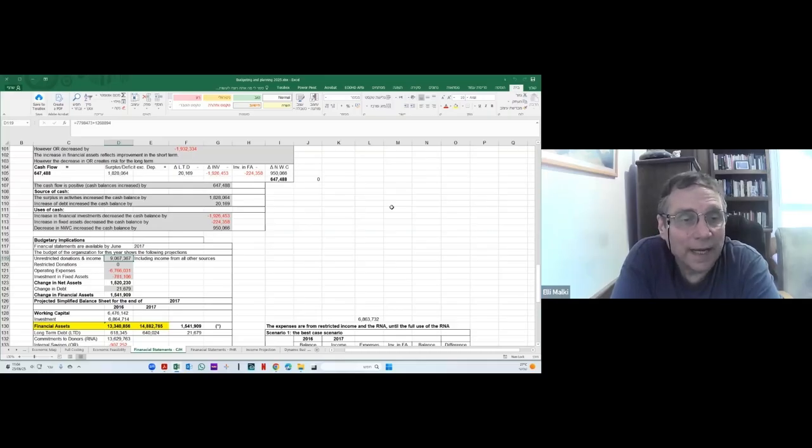Now, the next stage, we have our operating expenses. Here, the operating expenses include everything. They include expenses for program, general and management, overhead, everything. Because for the purpose of financial stability, it's not important if it was spent on program or overhead.